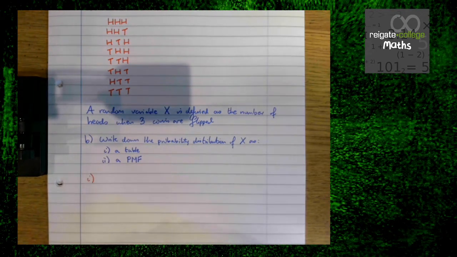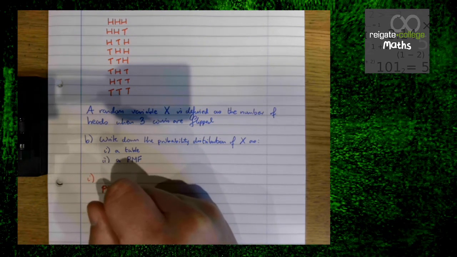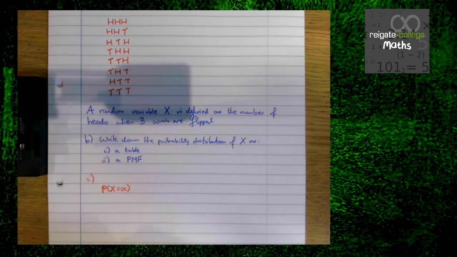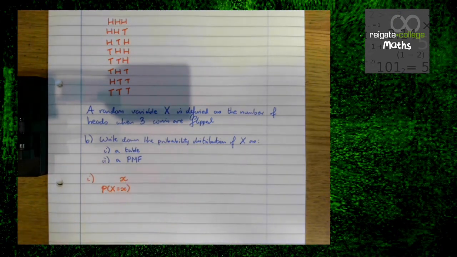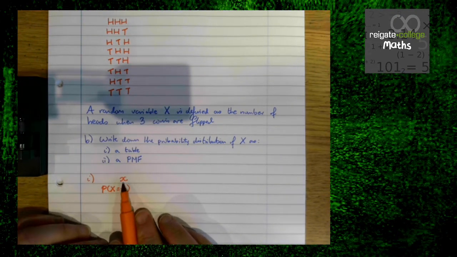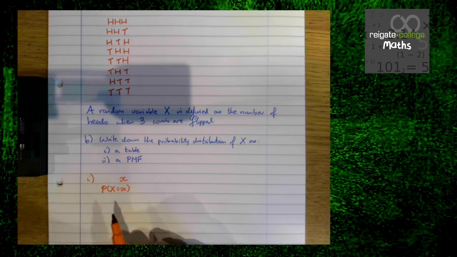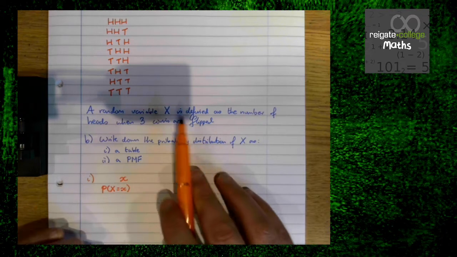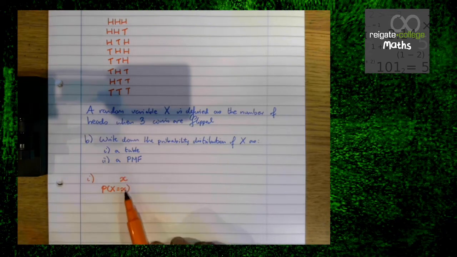So first off, our second row we know is going to look like this because it always does. And our top row is there. The key thing is to think about what this little x is. Little x is the number of heads that we get. So capital X is the number of heads. Generally, lowercase x is the specific number of heads that we want the probability for.